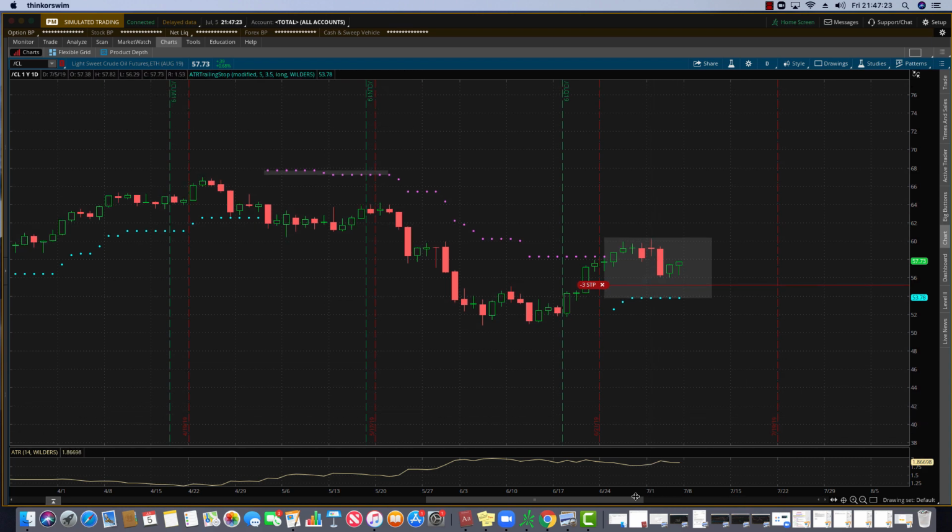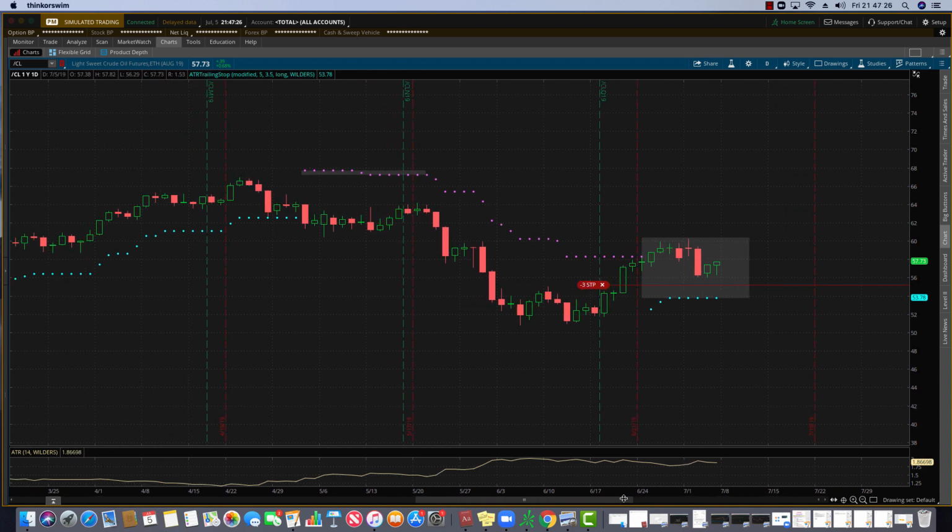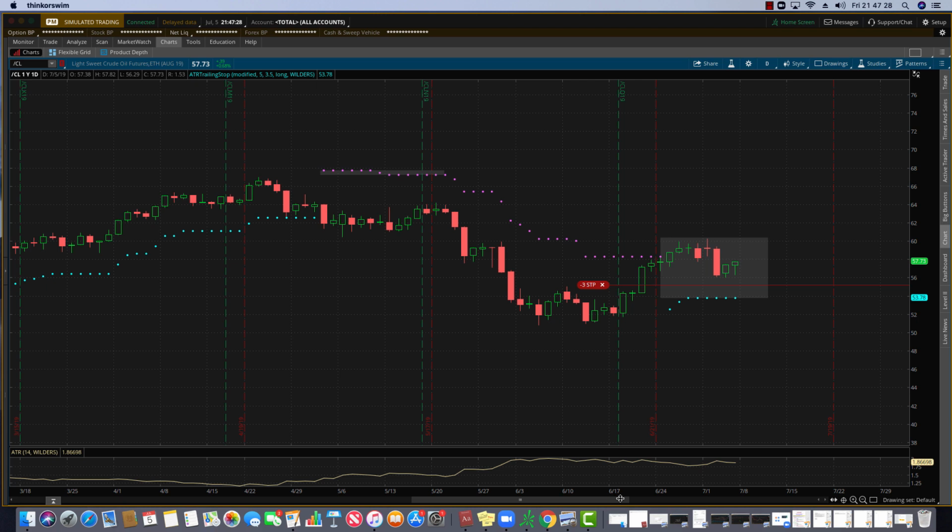All right. And sometimes this is a very effective way to figure out where support is when you're calculating your trade.